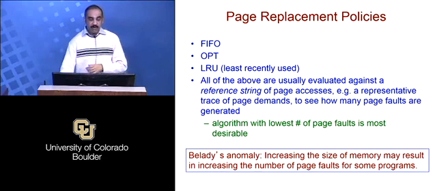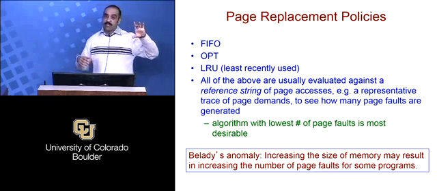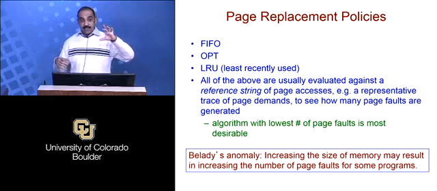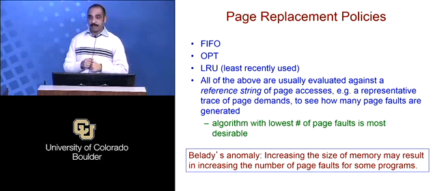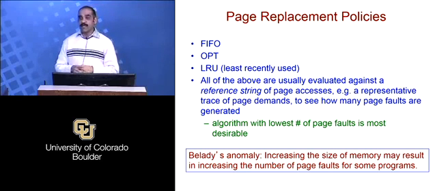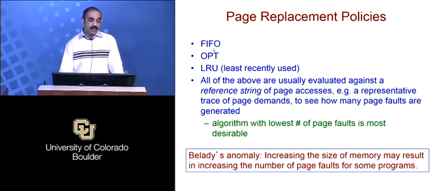However, if you are using a page replacement policy like FIFO, it can be shown that the number of page faults for a particular program might increase if you increase the size of the memory. That's what is called Belady's anomaly. Not a good thing. So FIFO is not a good algorithm.